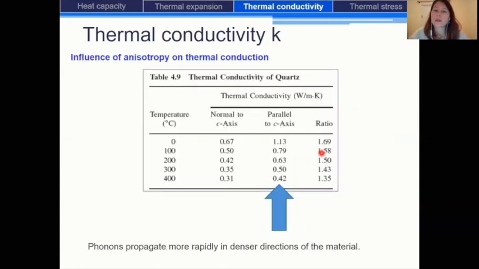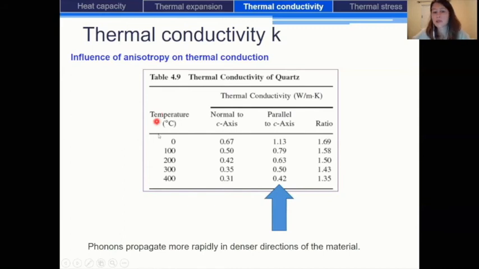And of course, there is an influence of anisotropy on the value of thermal conductivity, on the thermal conduction. So for example, in the case of quartz, you can see that here the measurements have been done in two directions: normal to the C-axis, and parallel to the C-axis, which means two different directions.